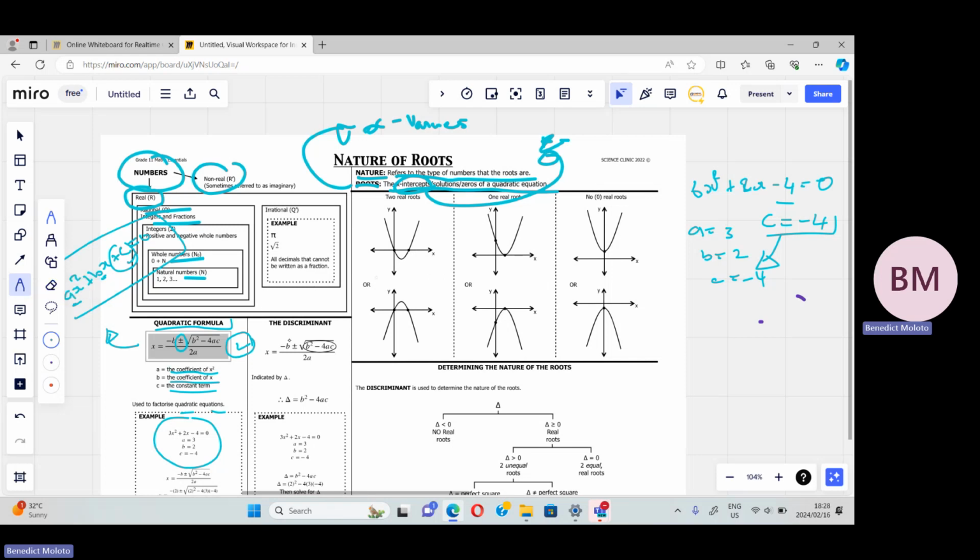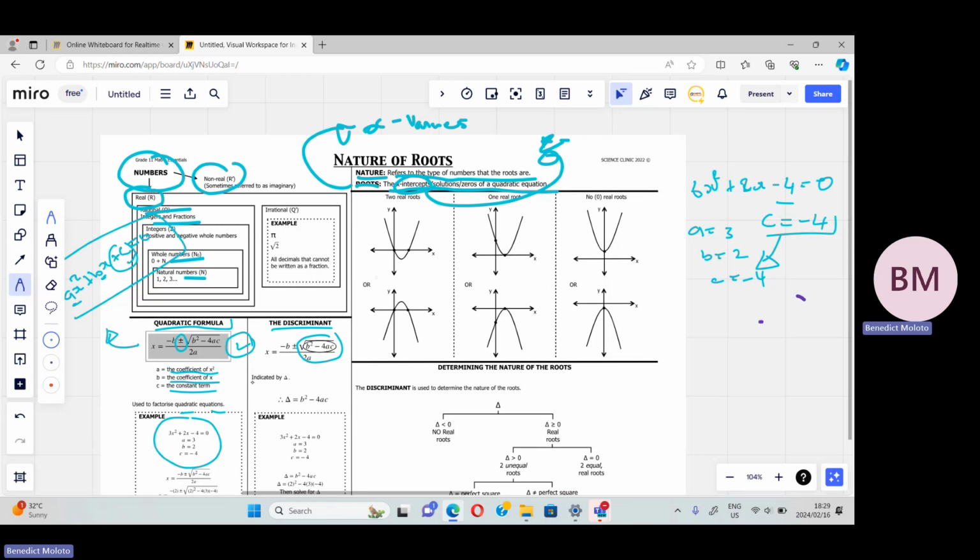From the quadratic equation, that is where we find something called the discriminant. The discriminant is going to help us determine the nature of roots, to know whether the roots are real or non-real. The discriminant is b squared minus 4ac.